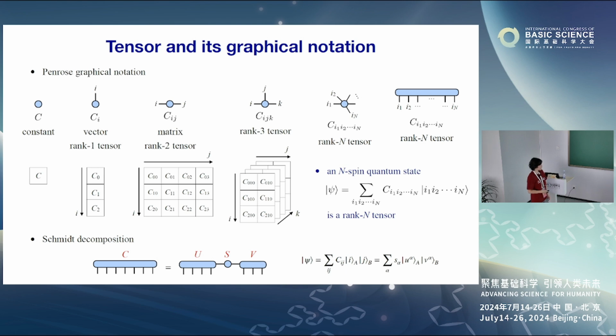For decomposition of this wave function, mathematically we can use the singular value decomposition. We cut it in the middle and treat it as a matrix. From singular value decomposition, we can decompose it into 3 parts. U and V are unitary matrices, and this S is the singular values.